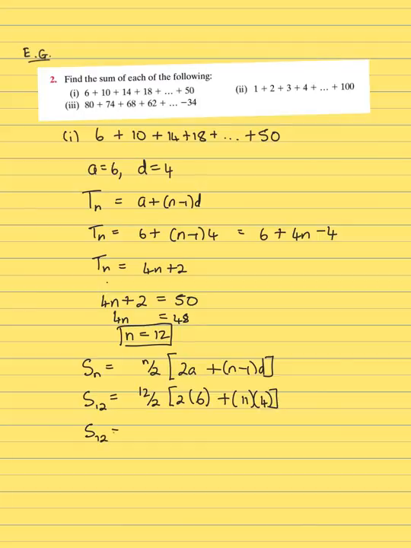So S12 is 6 times, 2 6s are 12, plus 44. So that's 6 times 56, which is 336. And that means that if we add up all the terms of this series, they'd add up to 336.